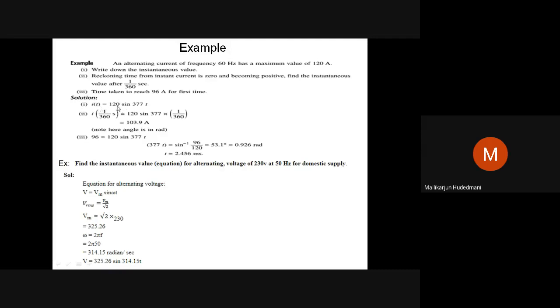This equation is equated to 96, because for the first time we equate directly. After the positive max, it is half cycle minus the time for first time. Negative first time means half cycle time plus time for first time. After the negative max, it is whole cycle time minus time for first time.